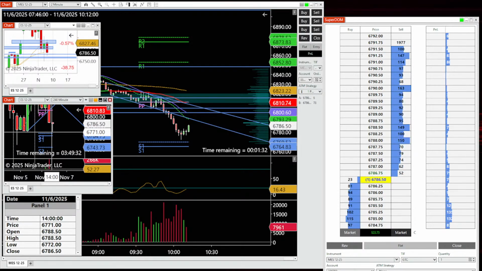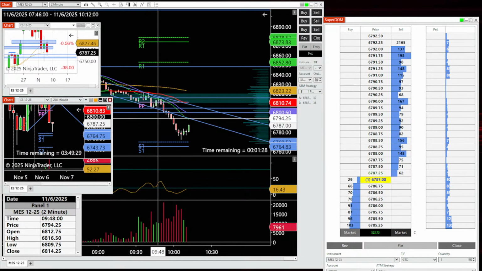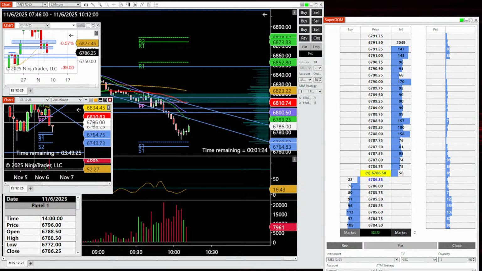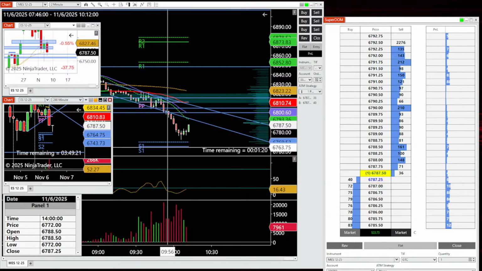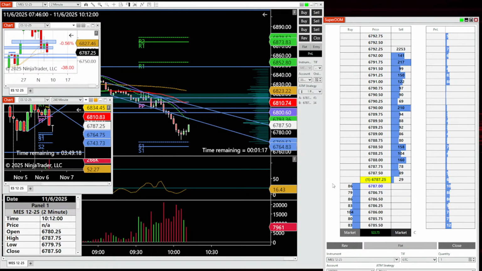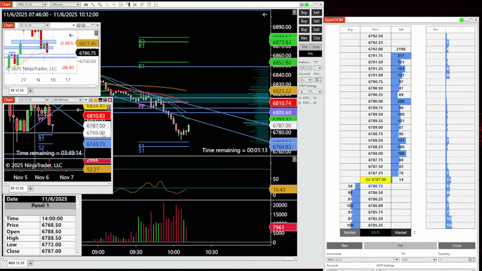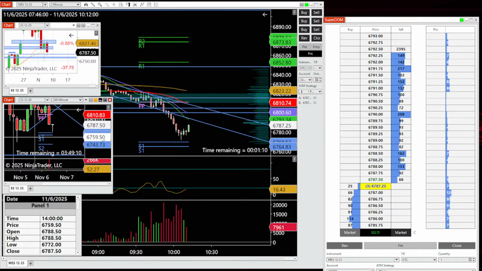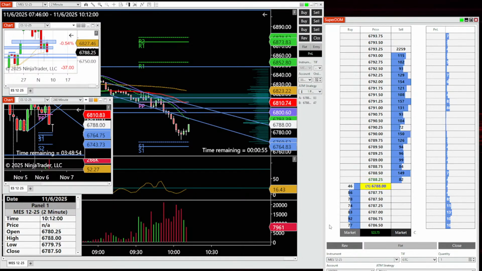We need to get a red to green or resistance. 88.50. Look at 88.50.